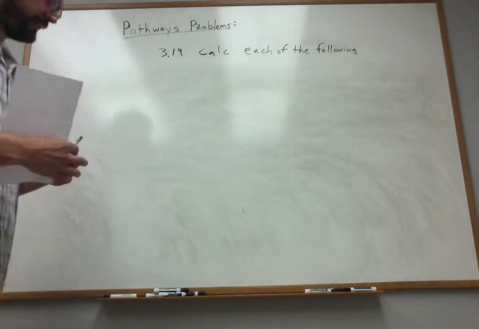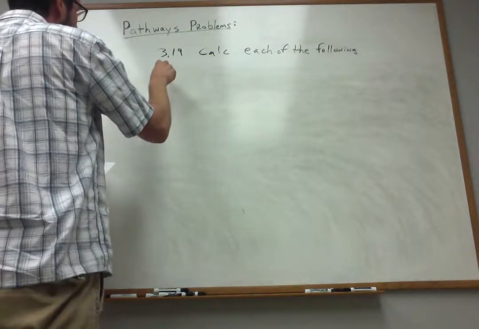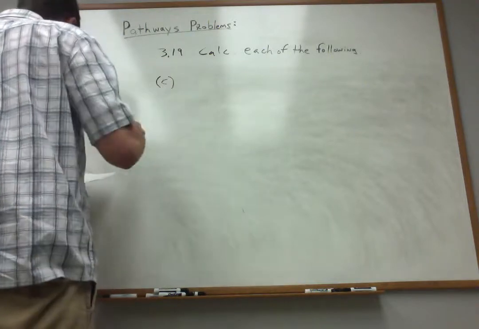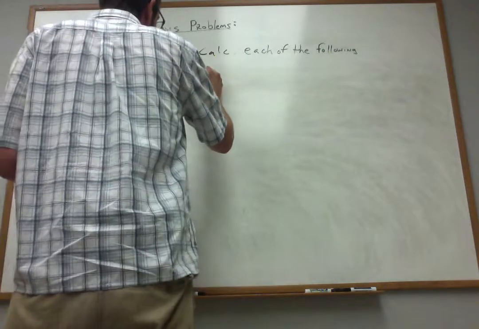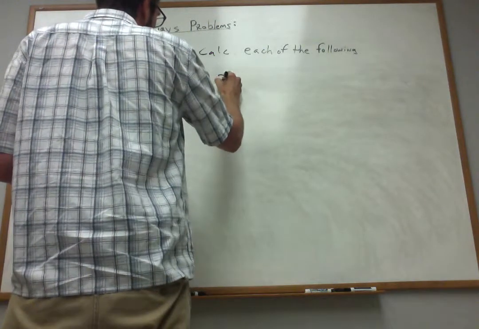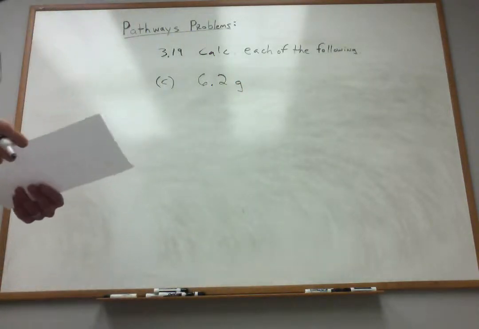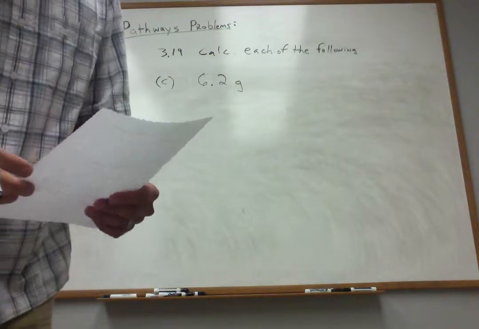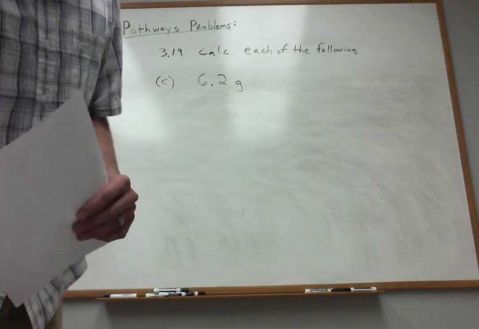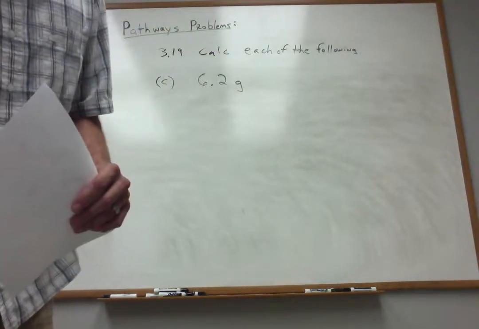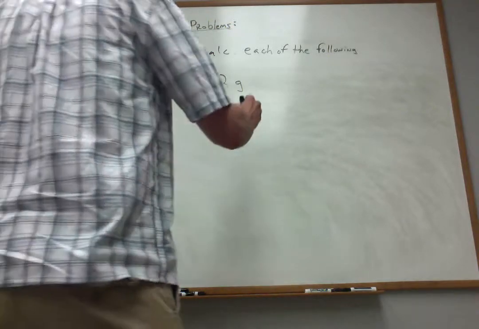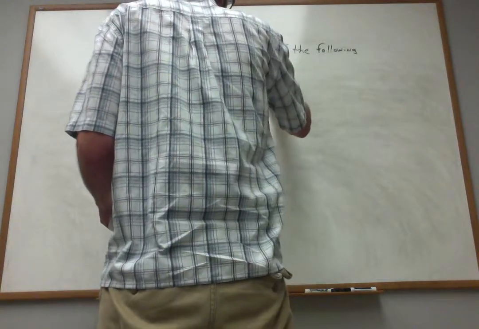Okay, let's look at part C. I've got 6.2 grams of a compound. Let's see, what am I told in the problem here? I'm told 6.2 grams of lithium sulfate. So we specify lithium sulfate.